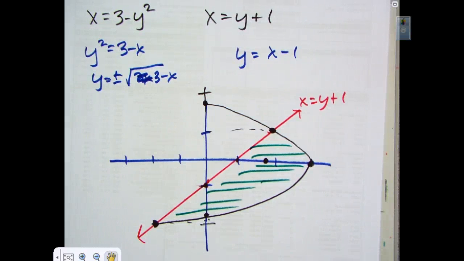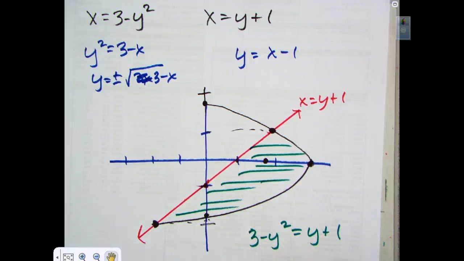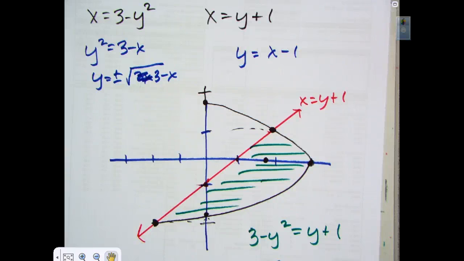All right, let's find our points of intersection. Points of intersection with respect to y is going to be 3 minus y squared is equal to y plus 1. So we set the two equations equal to each other. So that's y squared plus y minus 2 is equal to 0.